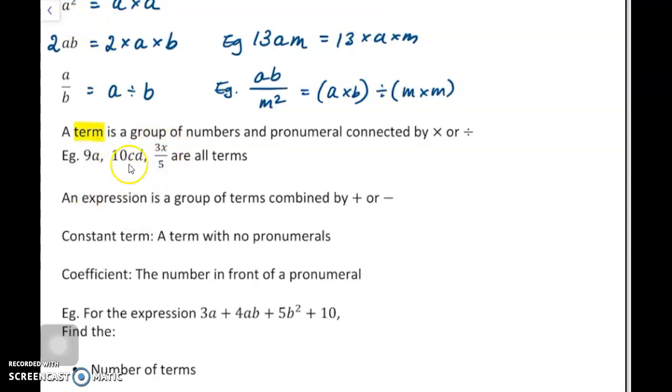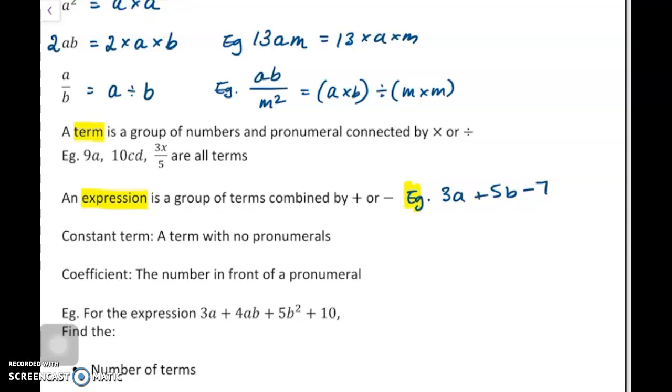Now, when we connect all of these terms by addition or subtraction, we call that collection an expression. So, for example, I might have an expression, 3a plus 5b minus 7. And here I can say I have an expression with 3 terms connected by an addition and a subtraction.